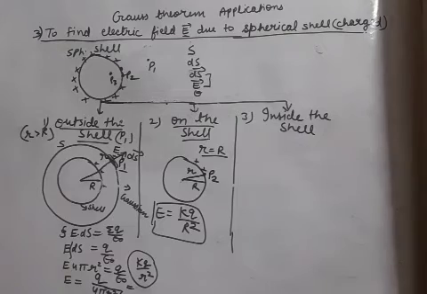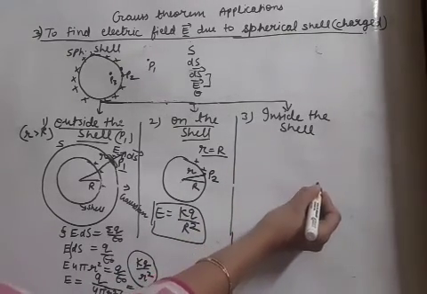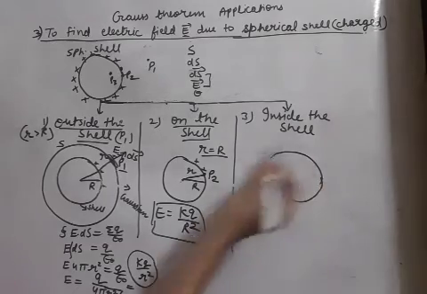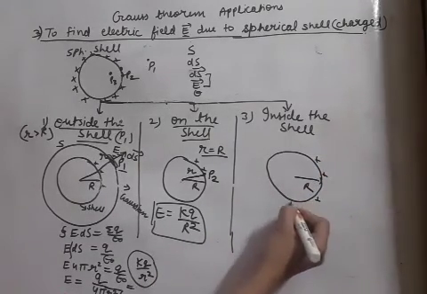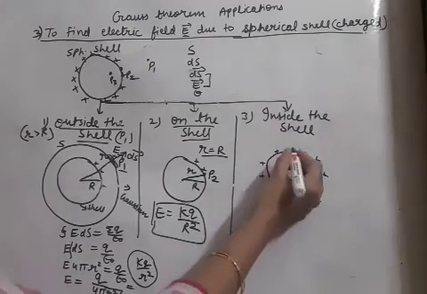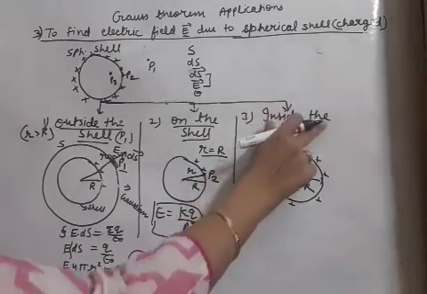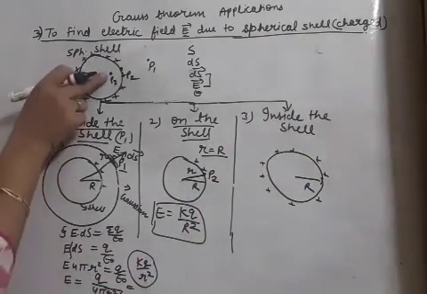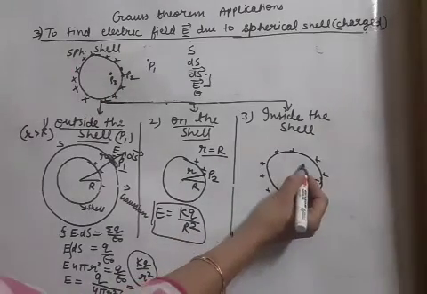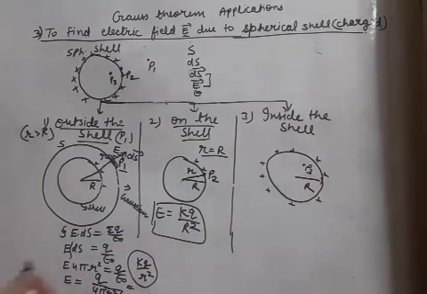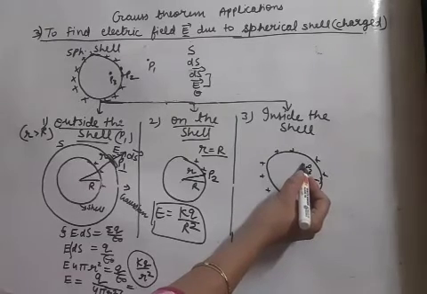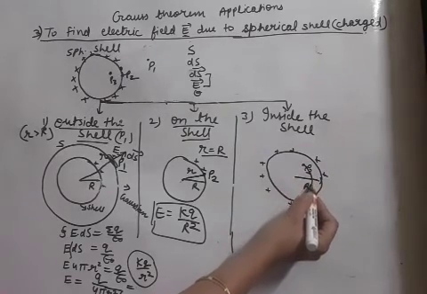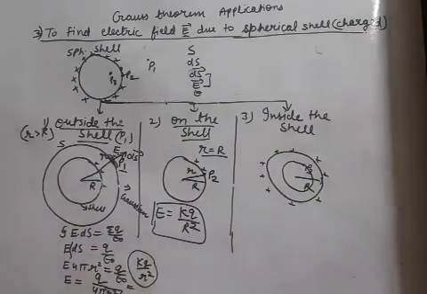In the same manner, let us solve the third case, inside the shell. So let us draw our shell of the same size. Radius was R, charge was here present. Now we have to take a point inside the shell. Inside the shell means P3 point. So suppose point P3 is inside. Now, as is the case, we should always take a Gaussian surface containing that point P3 here.